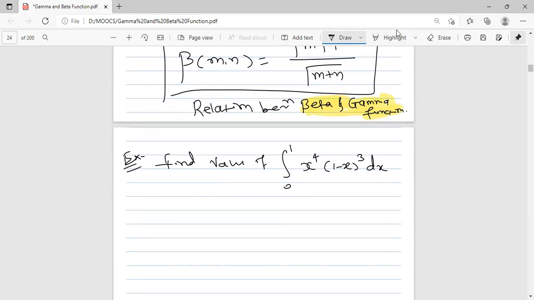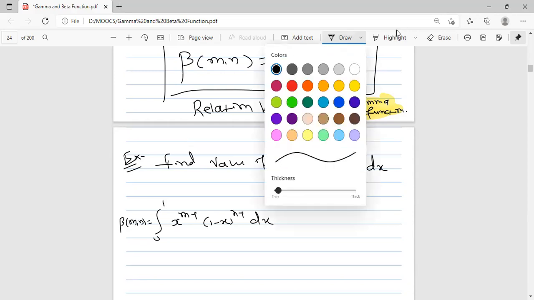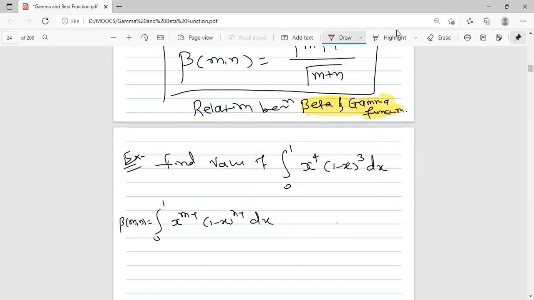We are doing this integration from 0 to 1 of x raised to power m minus 1 into 1 minus x raised to power n minus 1 into dx. This is beta mn. Here we are getting m minus 1 is equal to 4, n minus 1 is equal to 3.